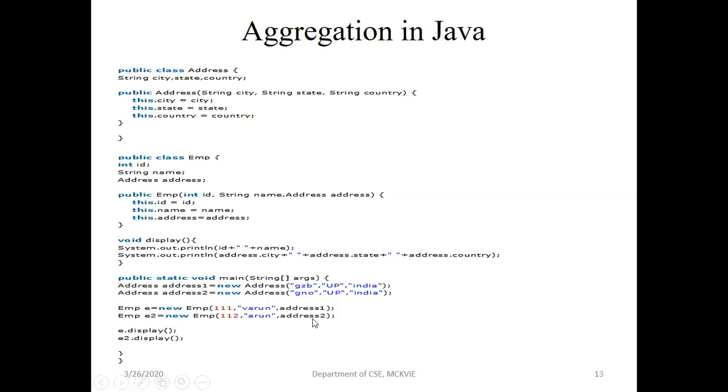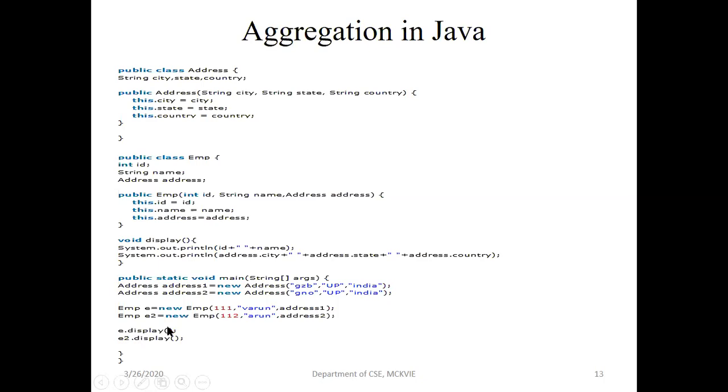So I have passed these objects address1 and address2 as parameters of the constructor EMP. So look, EMP e equals new EMP 111, Varun, address1. Then EMP 112, Arun, address2.